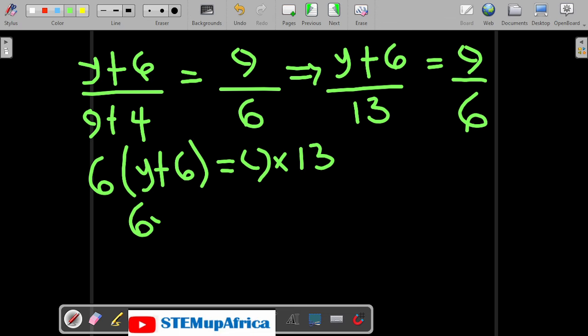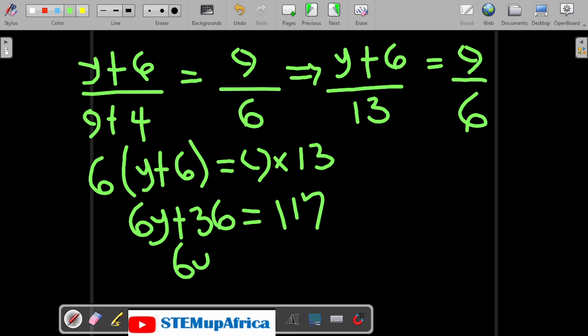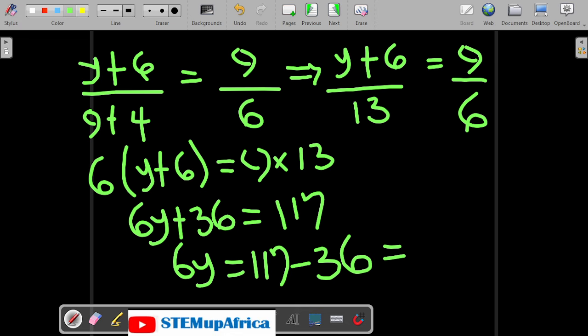So I'm having 6 into y plus 6 is equals to 9 times 13. That will give me 6y plus 36 is equals to, then multiply 9 times 13, that will give us 117. So 6y will give me 117 minus 36. What are we having? That will give us 81.